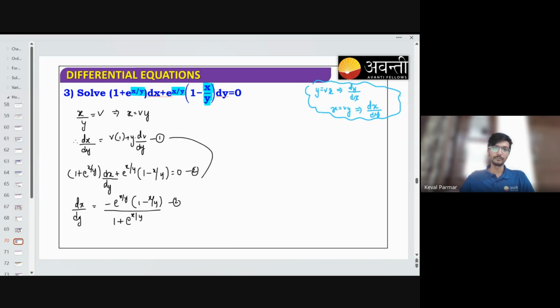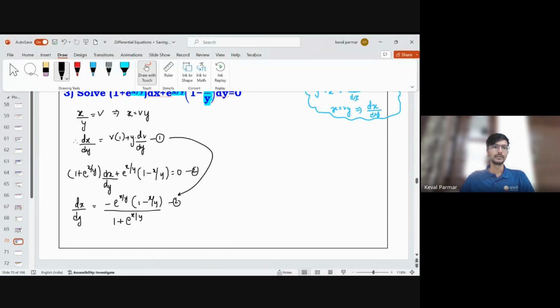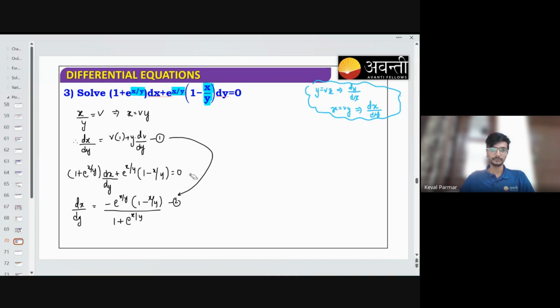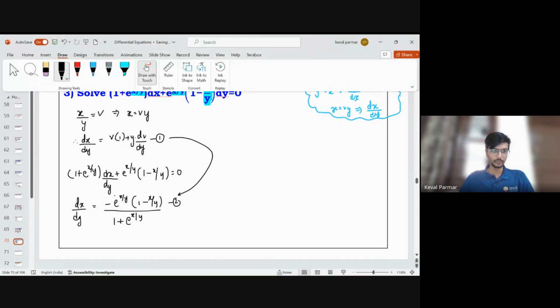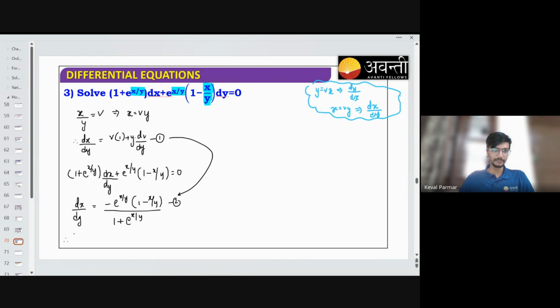And substitute 1 and 2. So now my equation will become v plus y dv by dy is equal to minus e raised to v into 1 minus v upon 1 plus e raised to v.